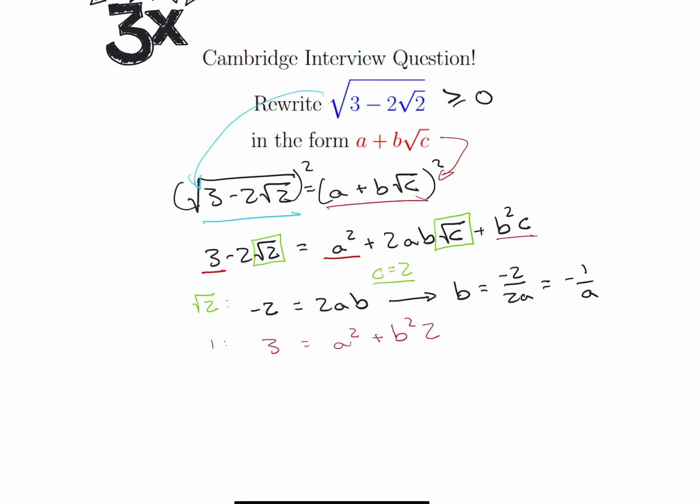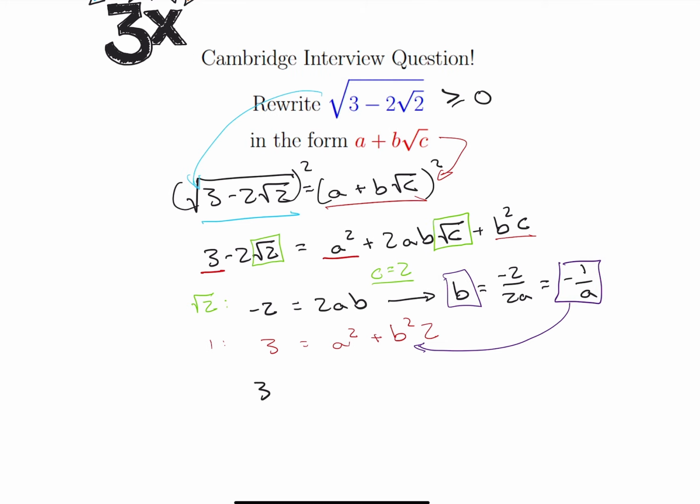Then we can take this negative 1 over a and plug it in for b right there, and we can rewrite that as 3 is equal to a squared plus negative 1 over a squared times 2.